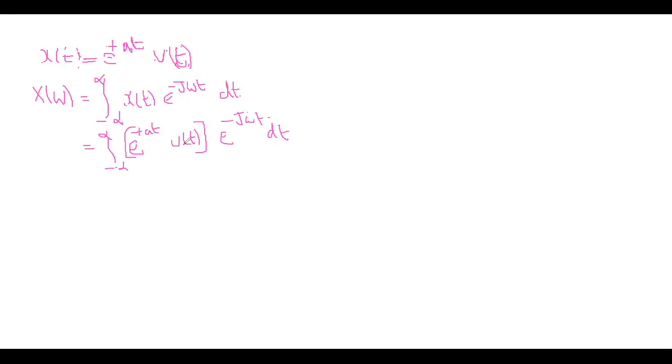Now keep mu of t as 1, change the limits from 0 to infinity, and here the bases are the same, so add the powers, taking t as common: a minus j omega into dt.